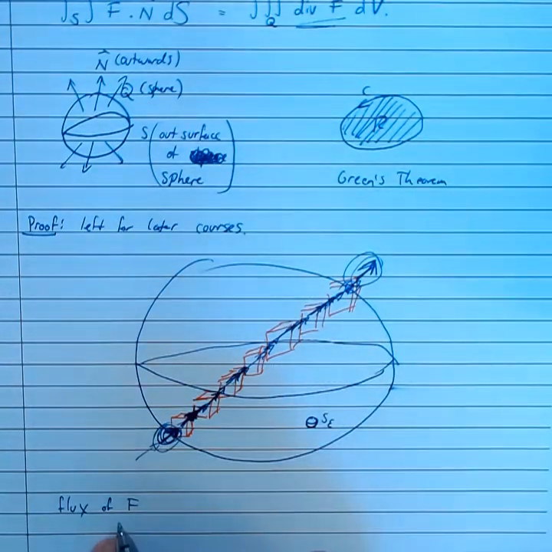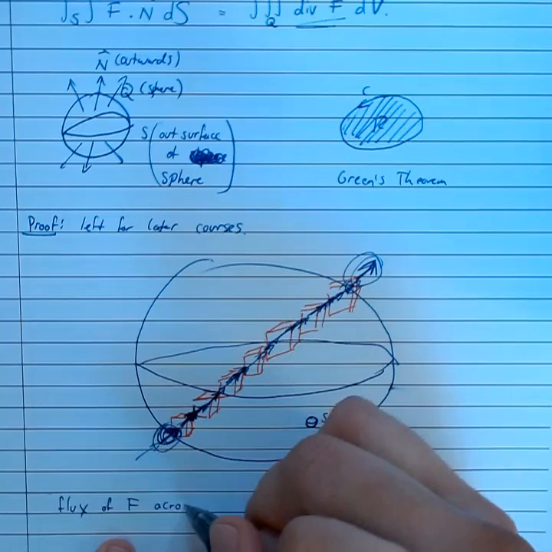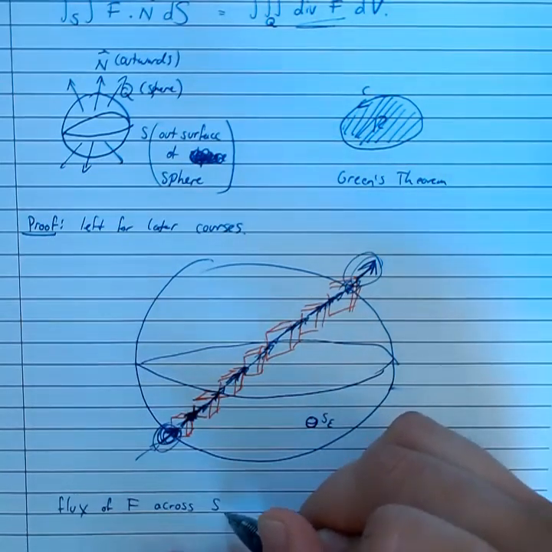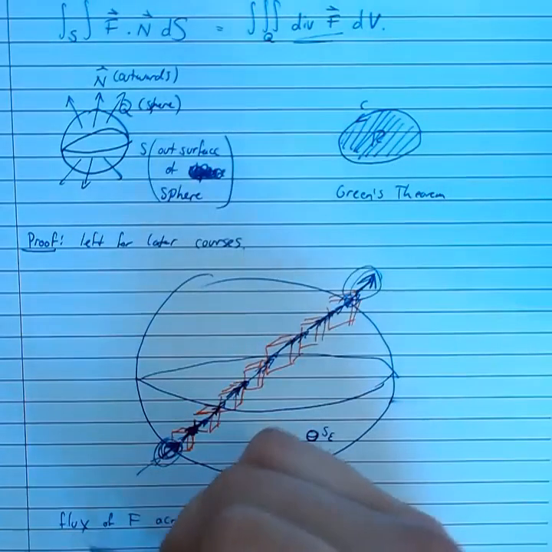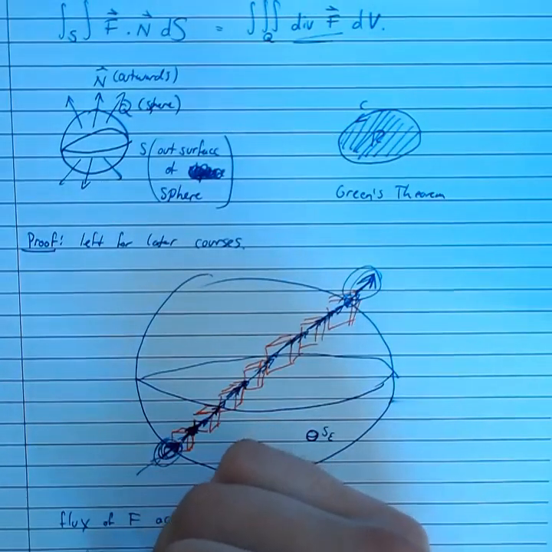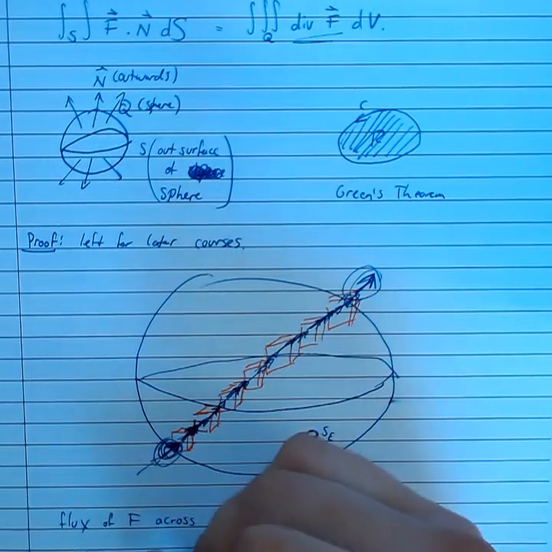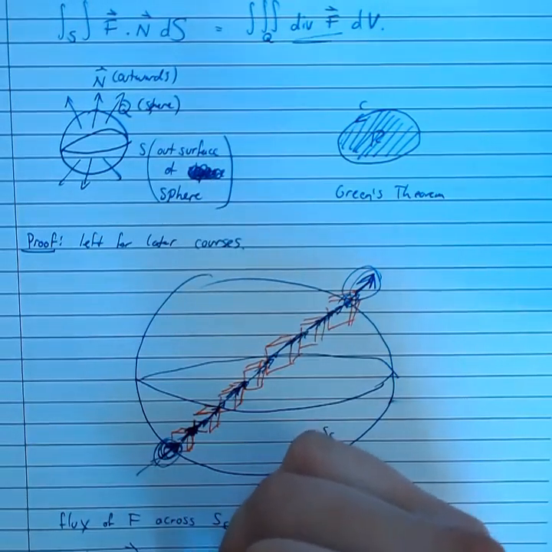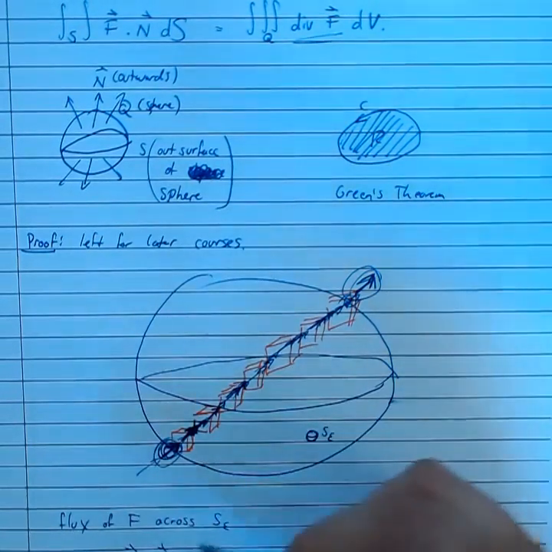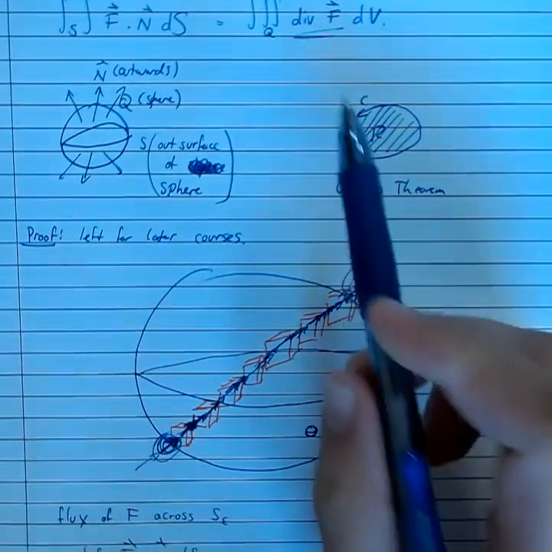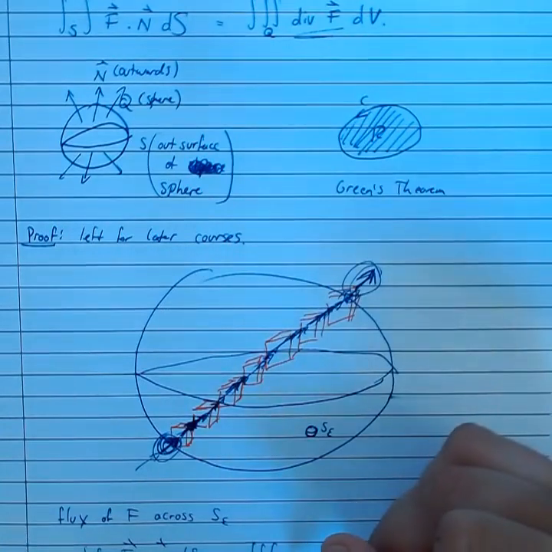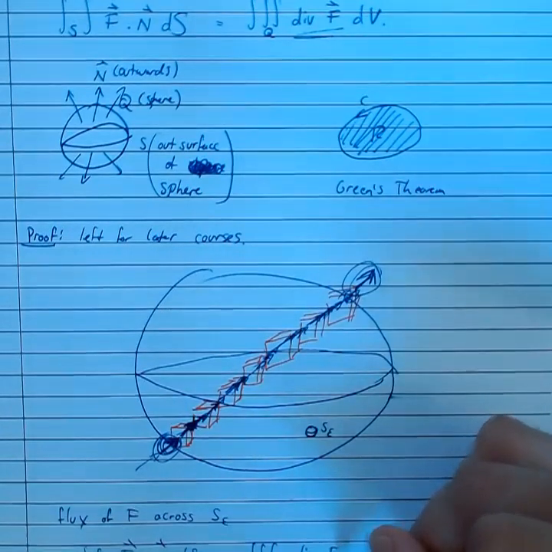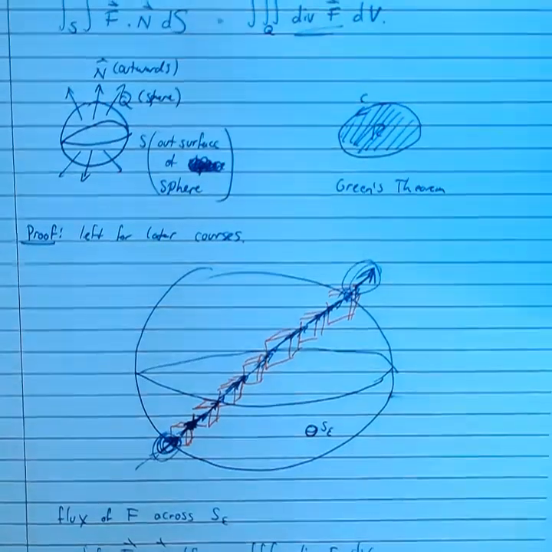Well, the flux of F across S sub epsilon would be given by this thing right here. That would be the double integral over S epsilon of F dot N dS, and that's given by the triple integral over Q of the divergence of F dV.